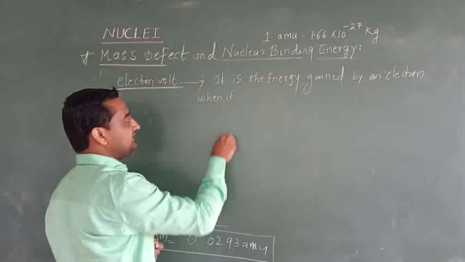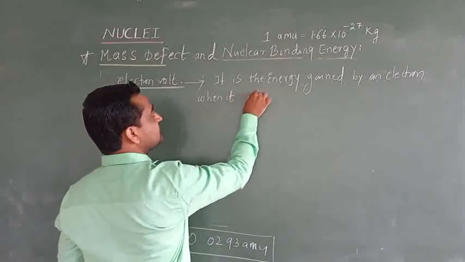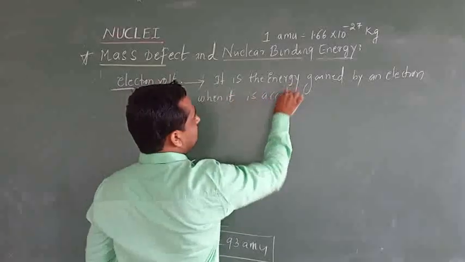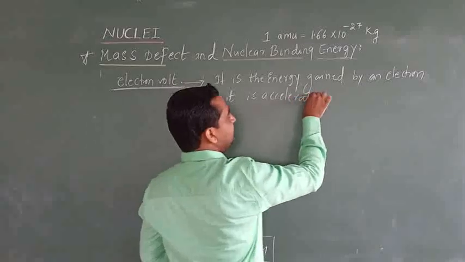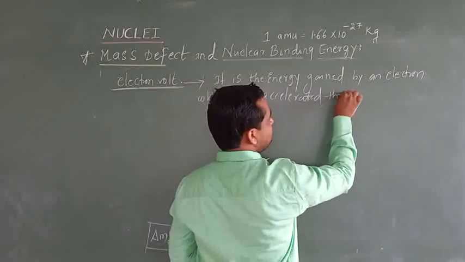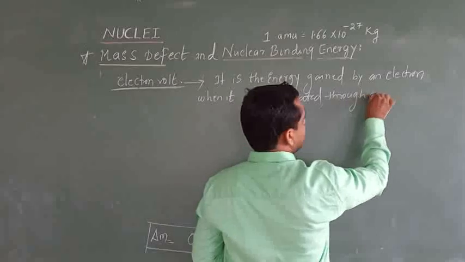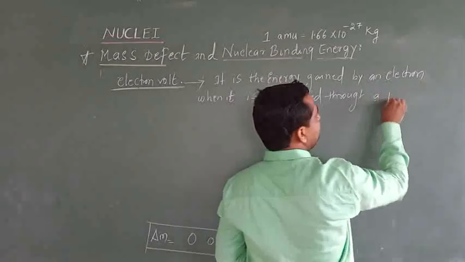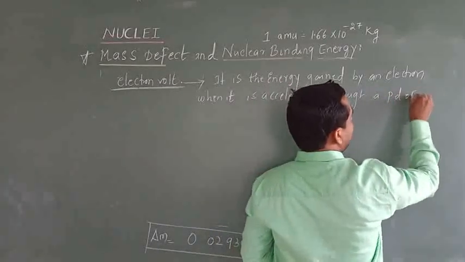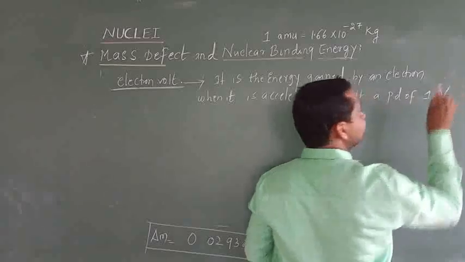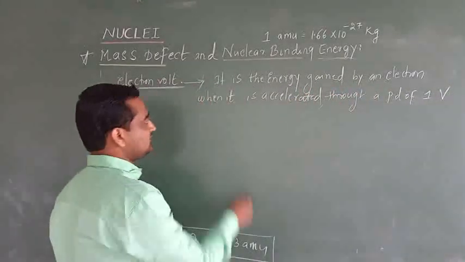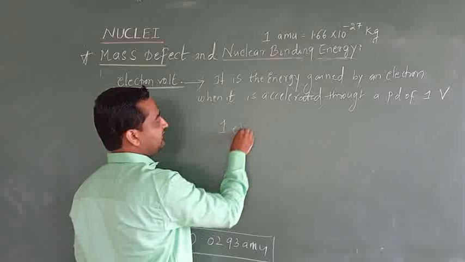Or it is the kinetic energy gained when it is accelerated through a potential difference of 1 volt. Right? So 1 electron volt, how are we going to define it?